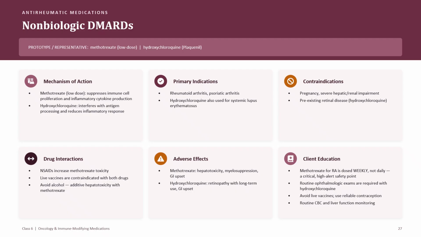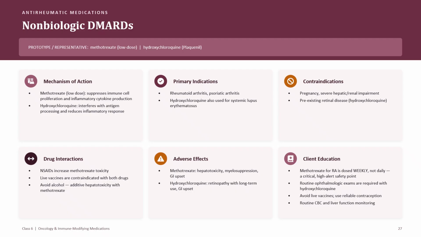With the non-biological DMARDs, this is where you will see methotrexate again. We discussed methotrexate in the oncology section because in very large doses it's given to treat cancer. But now we're going to talk about it as a non-biologic DMARD. At low doses, methotrexate is used for rheumatoid arthritis.